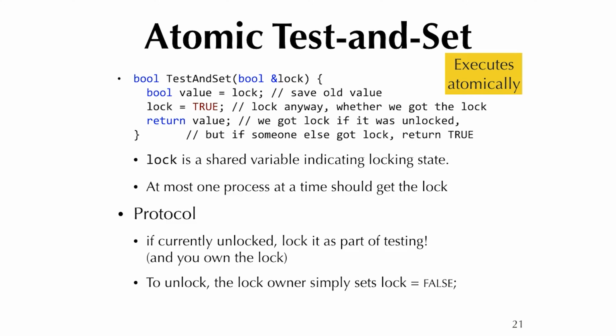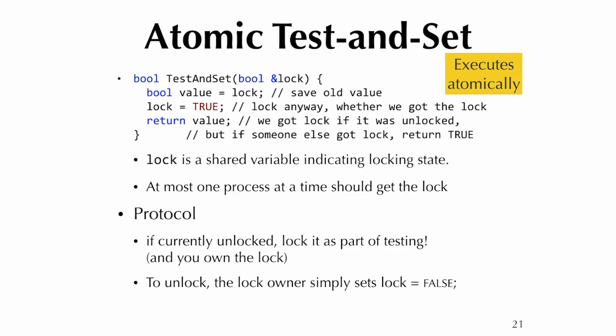So if you get a false value, what does that mean? That means, yes, I got the lock, because by the time I entered, it was unlocked, which is false, and that was the old value returned to me. But if I keep calling this function, it keeps returning true, locked.